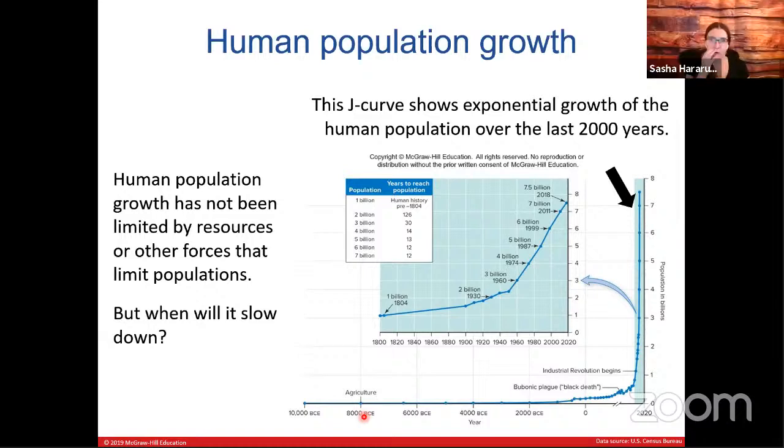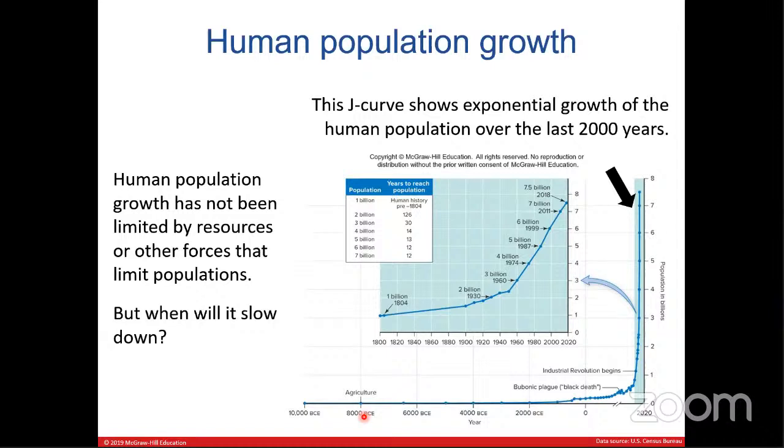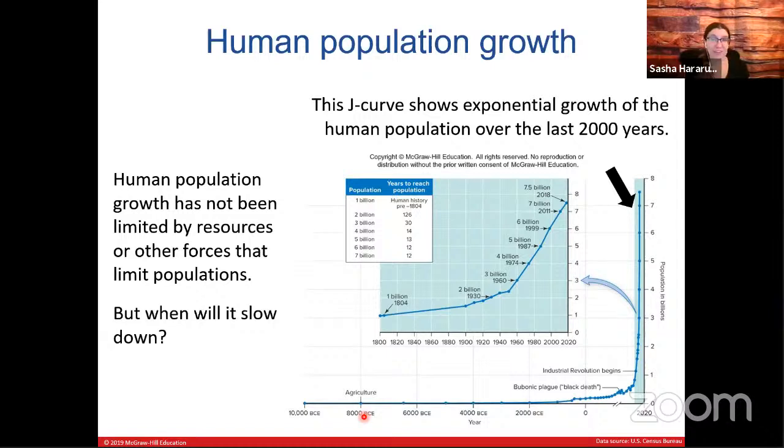Uh-huh. Good. So what I was getting at is the population size increases when birth rate is higher than death rate. Birth rate has actually declined in a lot of countries, but death rates declined even faster. And most of the human population growth is attributed to declining death rates.